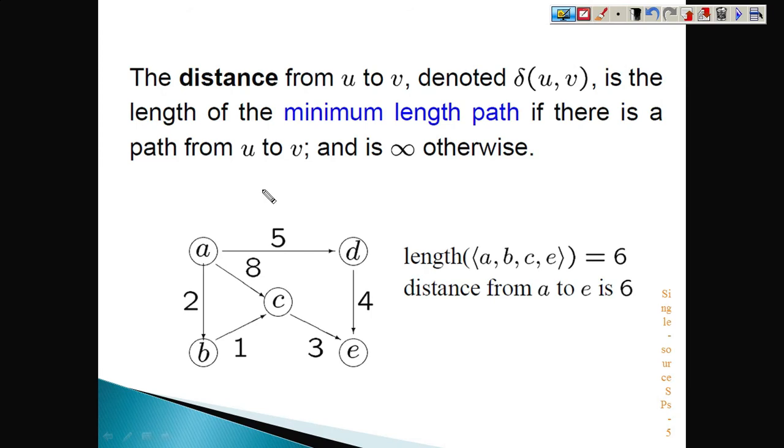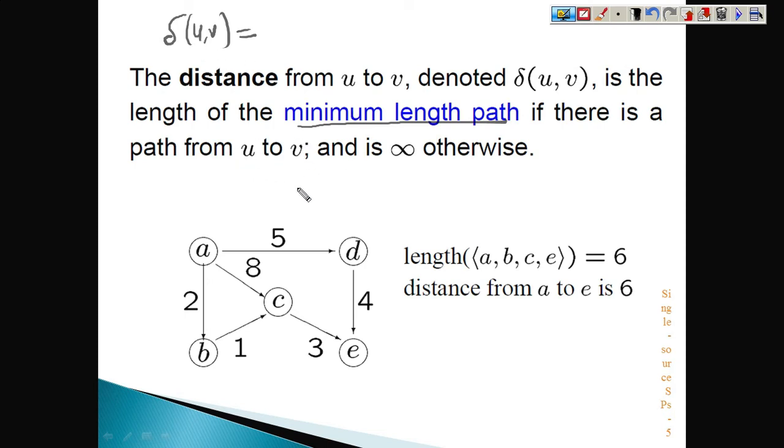Then we refer to the minimum path length. This is an important term that we use while finding the shortest path, and the minimum path is represented by the del sign. So when I say del uv, that means we are referring to the minimum path, the minimum cost, the minimum length to move from u to v.